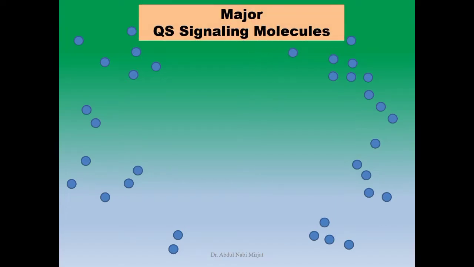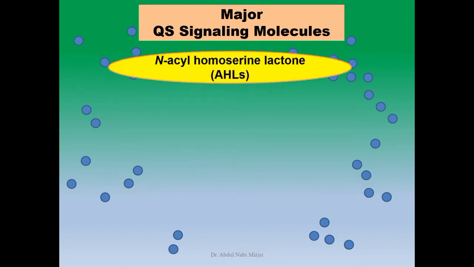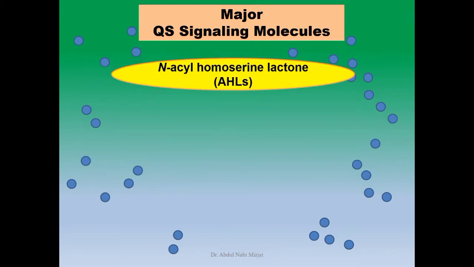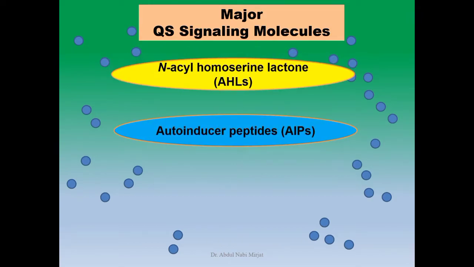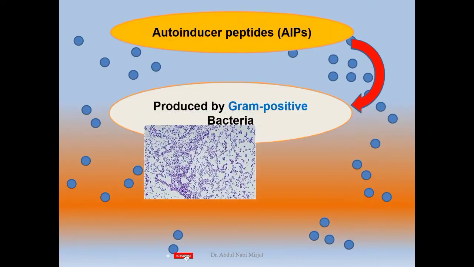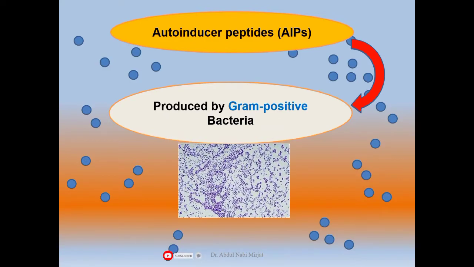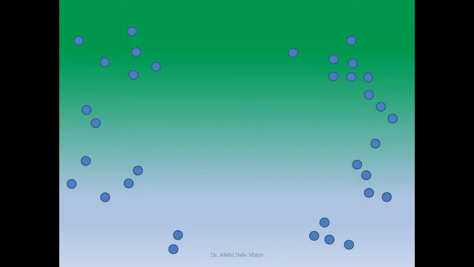Major quorum sensing molecules. Among the above discussed quorum sensing molecules, some are known as major quorum sensing molecules that are widely produced by bacteria. These are the N-acyl homoserine lactones, autoinducer peptides and autoinducer 2. Autoinducer peptides are specific quorum sensing molecules that are produced by gram-positive bacteria.